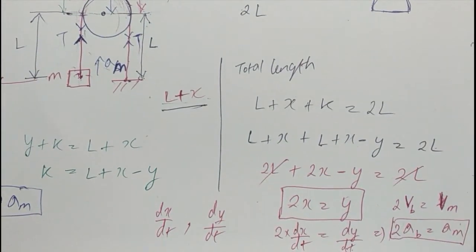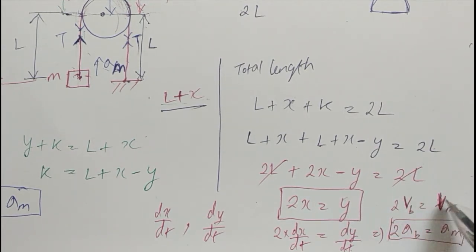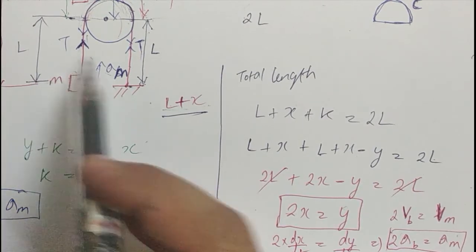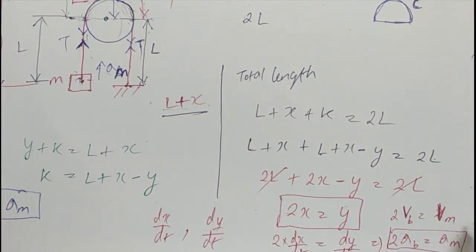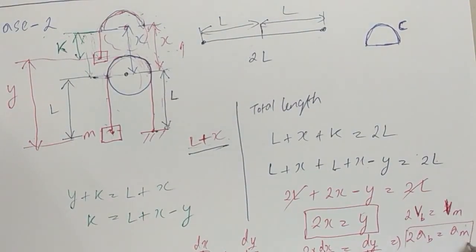You should not confuse that, I have taken in this case velocity of the wheel as Vb and the velocity of this block as Vm. So this is an important result in this situation.